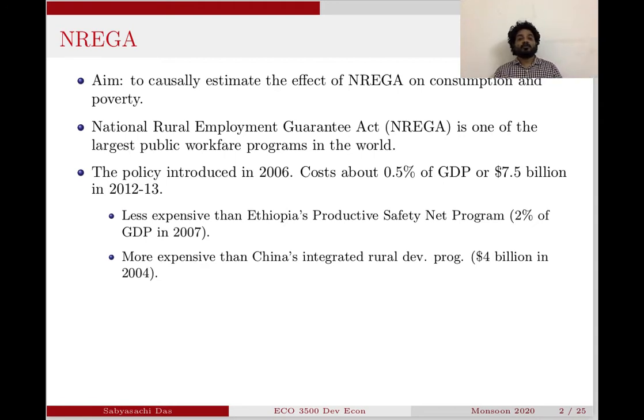These are programs run by government where people who are interested in earning money can sign up and work under various public works, so basically creation of local public goods like roads, etc., and get money in exchange. Or sometimes these are food for work programs where people work under this program to get access to food. So these kinds of programs are prevalent in many developing countries.